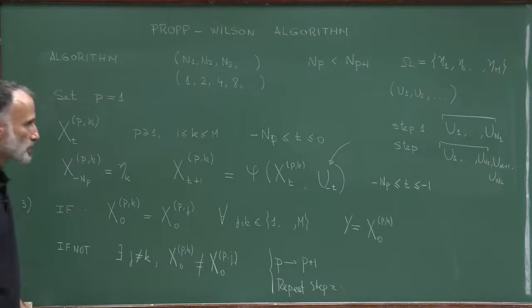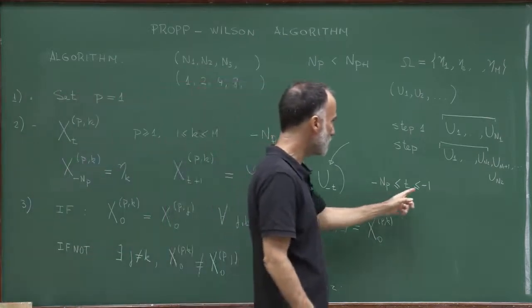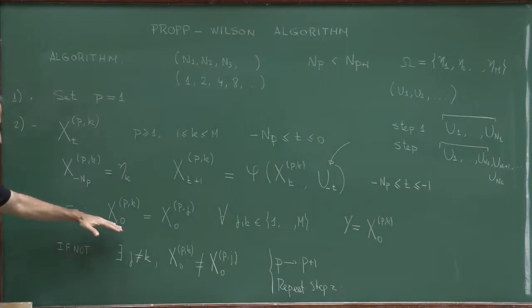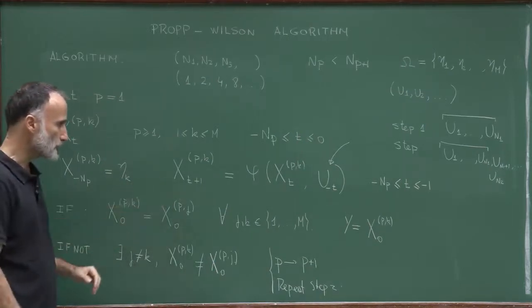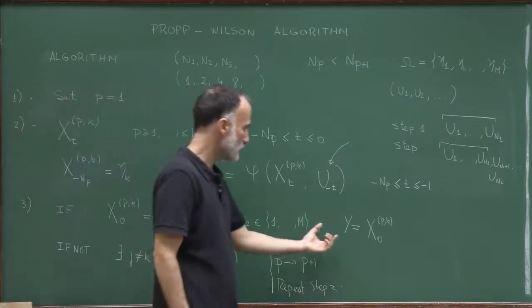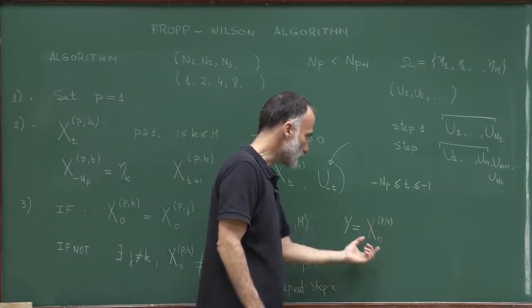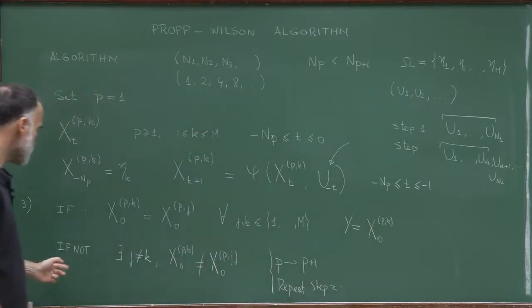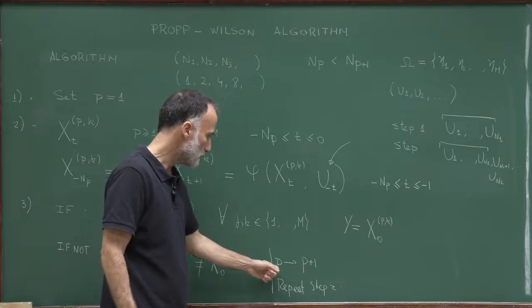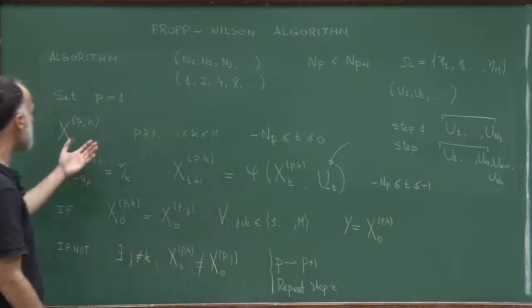So you run these chains from minus n2 up to 0. Then at time 0 you check if all values are the same. If all values are the same, you are happy. You define your random variable y as one of these values. Otherwise, you repeat the iteration. So you move p from p to p plus 1, and you go back to step 2.